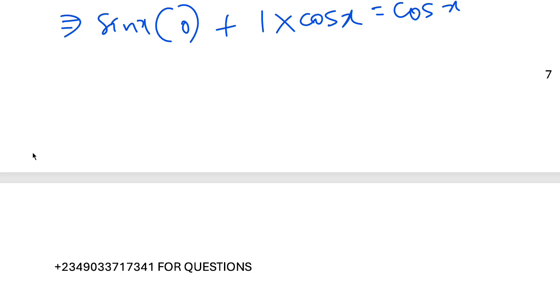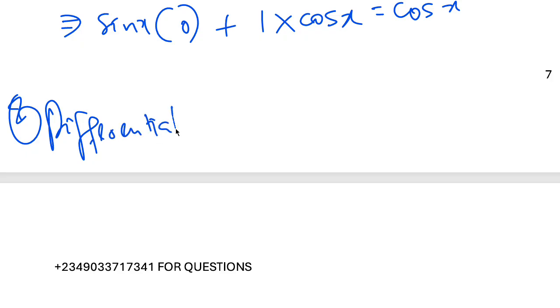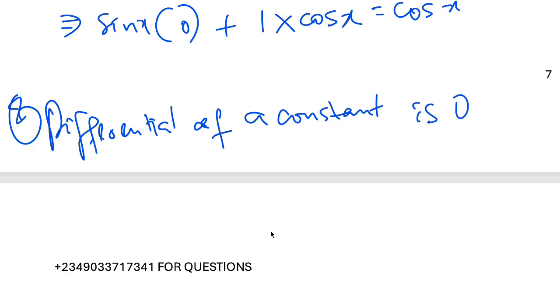Another important thing I want you to jot down is that the differential of a constant is 0. So let's consider a function in the form f of x equals k. You watched my video on introduction to functions.